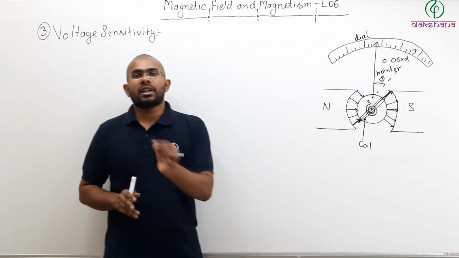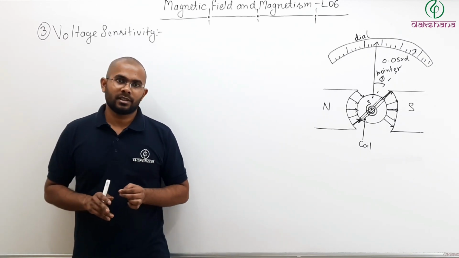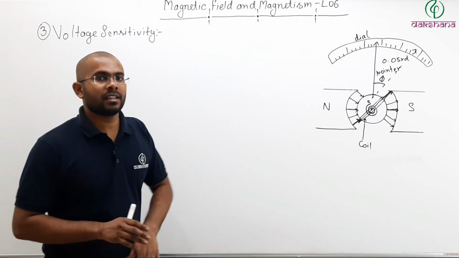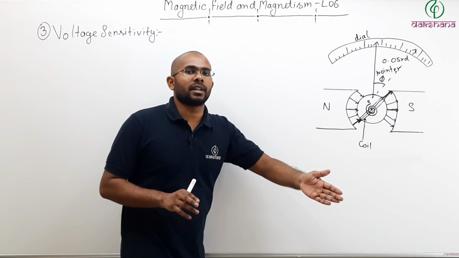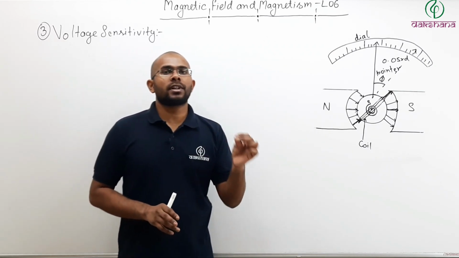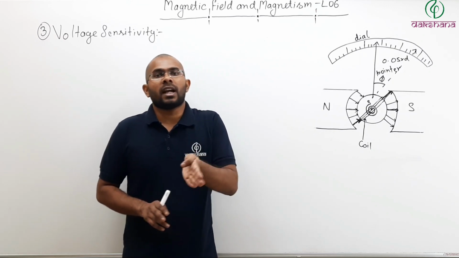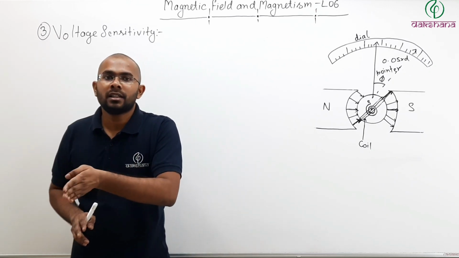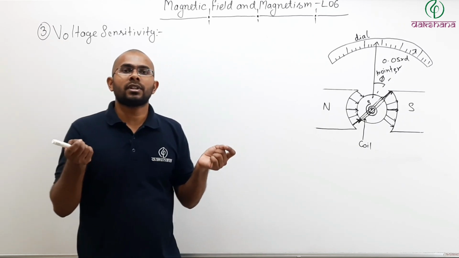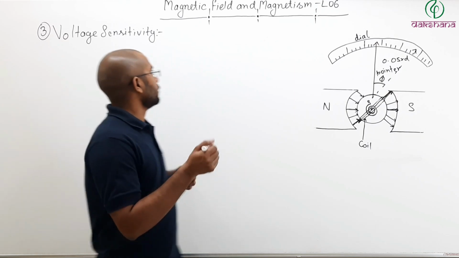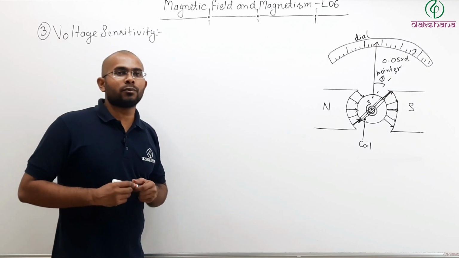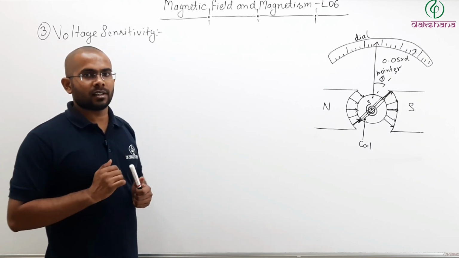So when a galvanometer is working as a voltmeter, we discuss the voltage sensitivity. In the same way as the current sensitivity, the deflection per unit current, what will be the voltage sensitivity? The deflection shown by the dial per unit voltage across the coils of your galvanometer. How do we convert a galvanometer into a voltmeter? That we will discuss in the next lecture.